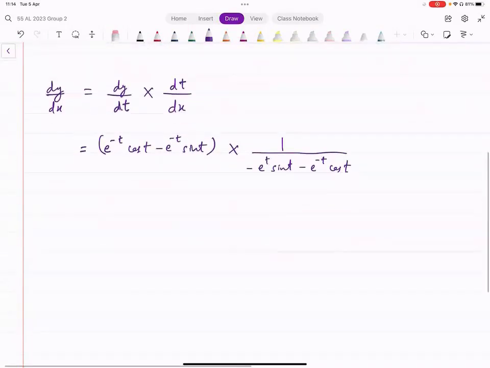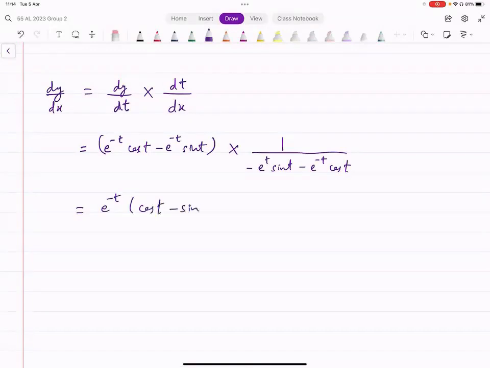Okay. Now what you can do is you can simplify this. You can take e raised to power minus t common from both the numerator and the denominator. If we do that, we have e raised to power minus t into cos t minus sin t in the numerator and in the denominator.